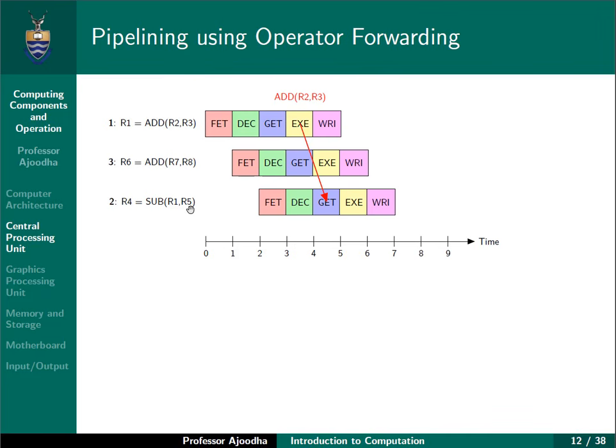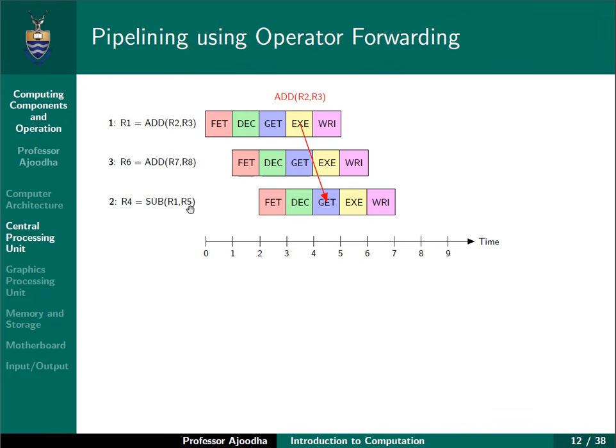Okay, so now let's see, how does operand forwarding actually help us here? Operand forwarding can be used to directly pass the result of the operation to the next instruction that requires it. For example, the result of the operation add R2, R3 in instruction 1 can be immediately forwarded to instruction 2, which needs the result in register 1.